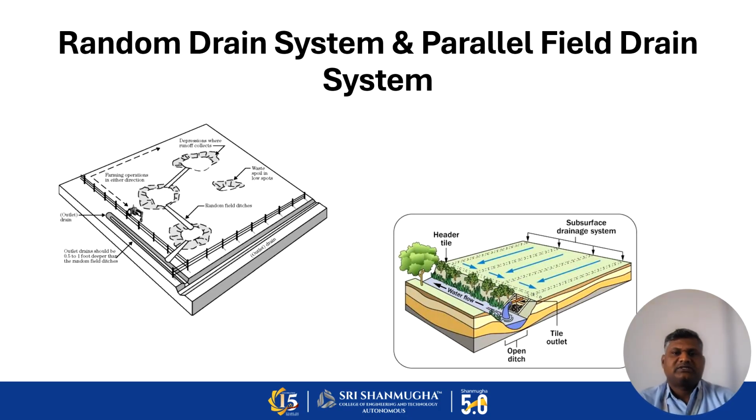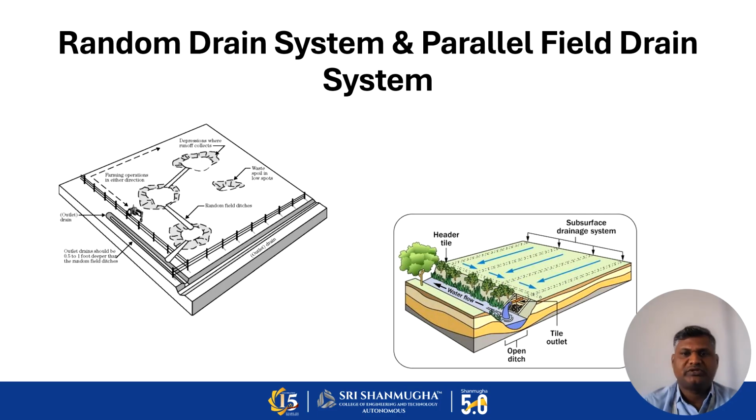In the surface drainage system, different types of systems are adopted, like the random drain system or the parallel field drain system. The first picture shows the random drainage system. In this, the drainage pathway randomly collects water from all the locations of the field, and it is collected in the main field drains.